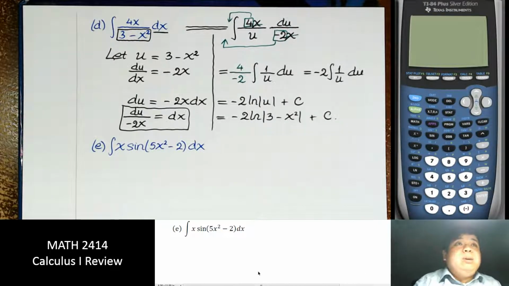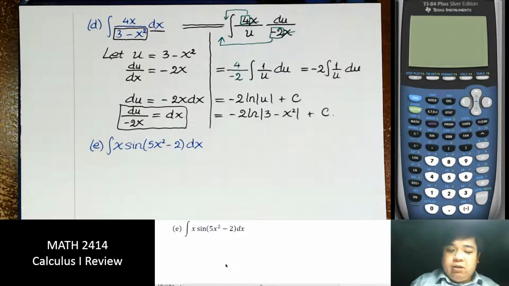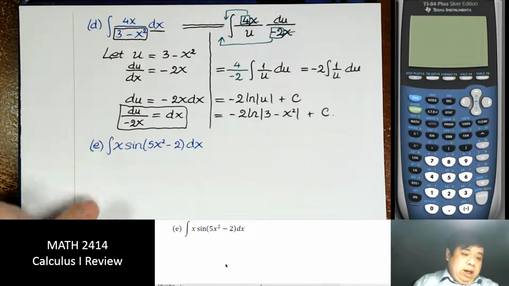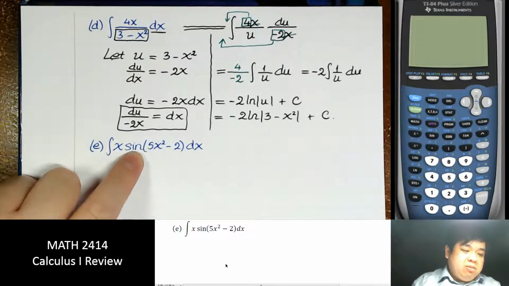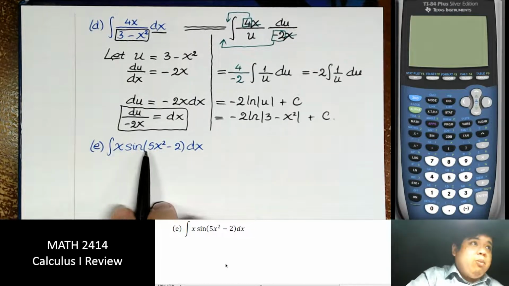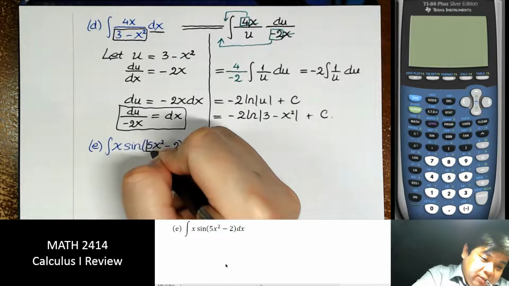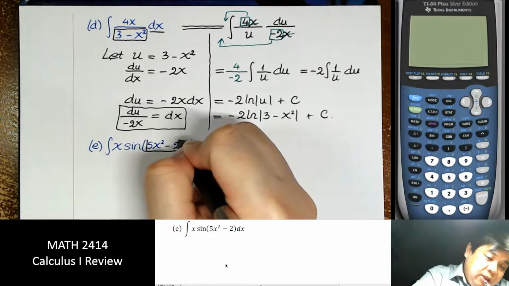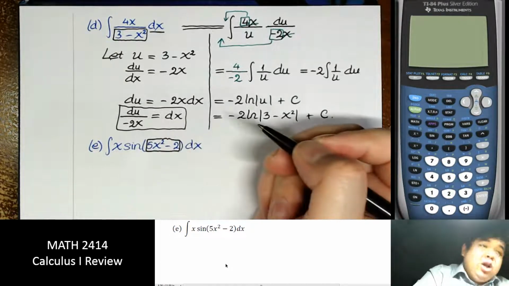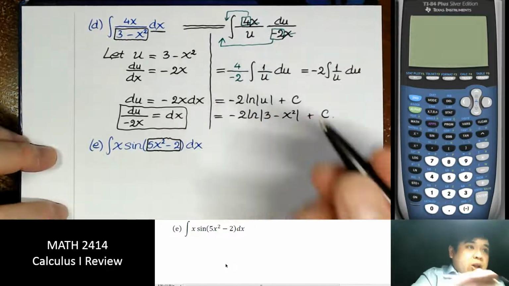You will see a lot of substitution on the integral. Just like we see a lot of chain rules in derivatives. Right. So x times sine, so that doesn't work because we know we can only take the integral of sine of something. So if we have u here, that should be good.